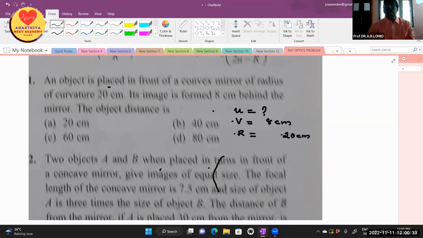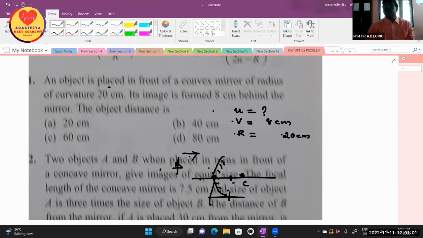This is the convex mirror. The object will usually be placed on the left-hand side. This is the pole. For this mirror, the center is here. That is the radius of curvature. The focal length will be like this. The distances are measured in the direction of the ray of light.